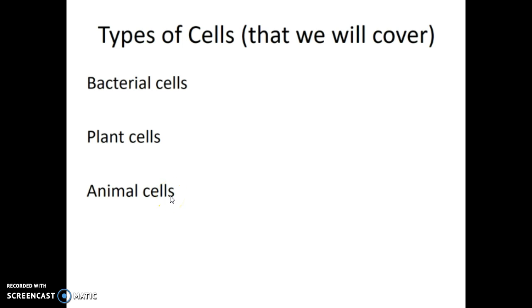They are eukaryotic organisms, which means that they do have a nucleus. DNA is found within that nucleus. There's organelles. The organelles have a function. They can be unicellular, they're multicellular, they reproduce sexually or asexually. So we're going to be looking at these cells moving forward today.